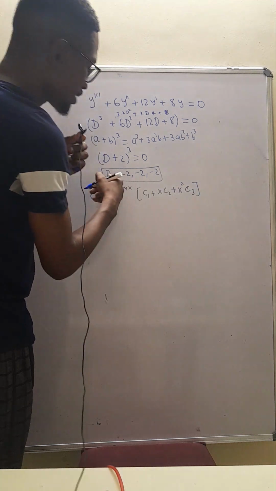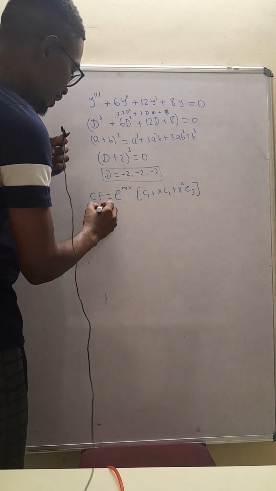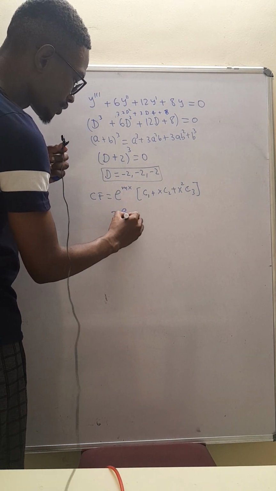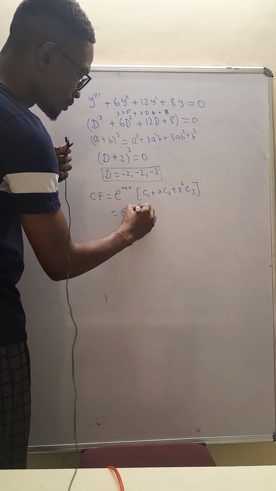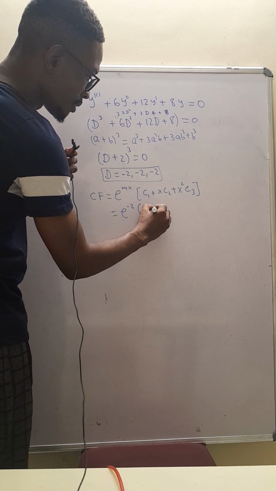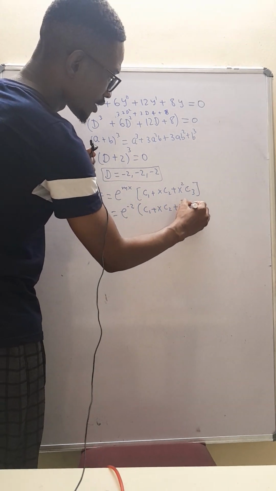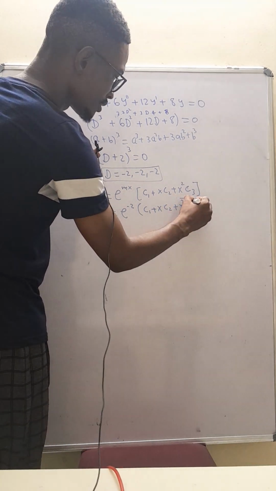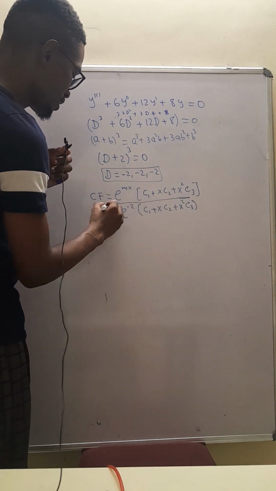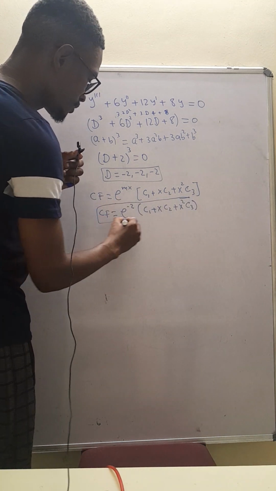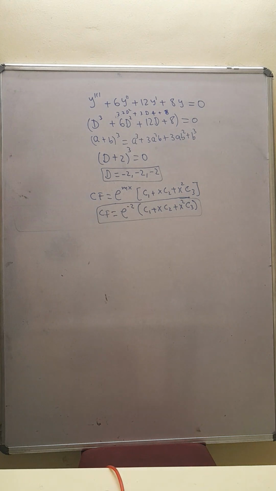And I will stop here because I have only 3 roots that are equal. Now I will substitute Euler raised to minus 2, so it is C1 plus x C2 plus x squared C3. This is the solution for this equation.